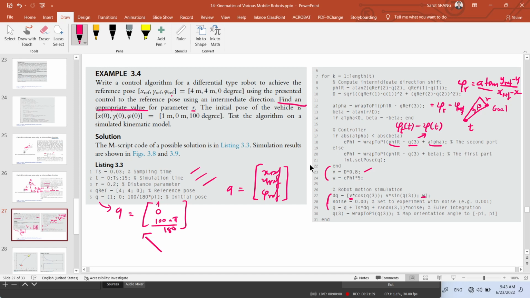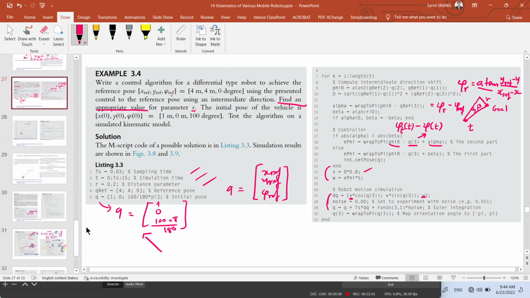So in some sense, we are trying to generate desired velocity and desired orientation for the robot, and then we need to control the actuator such that the robot will move along the desired velocity that we just chose. Any question, anyone? No.